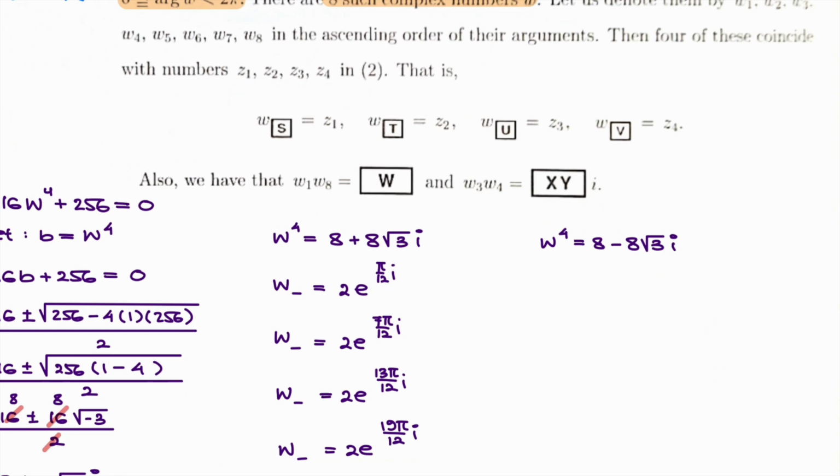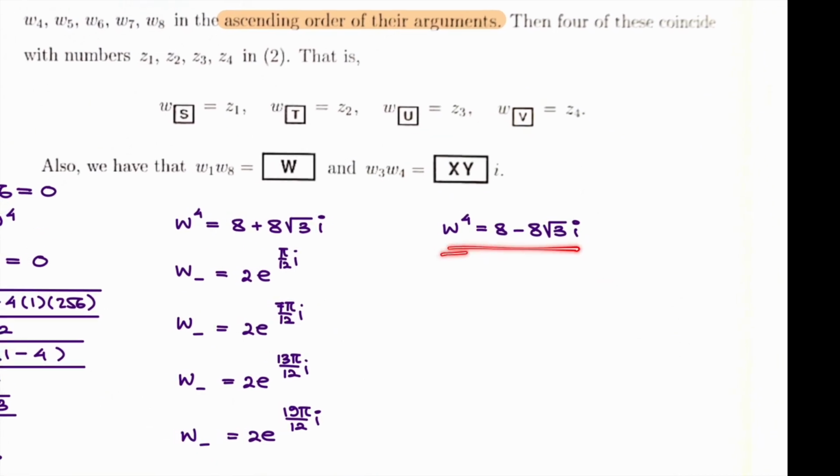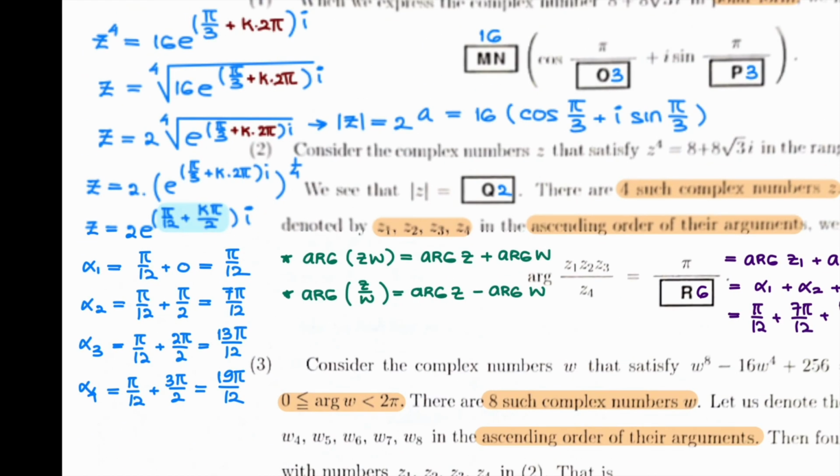But we need to solve this one first so that I can arrange W1 until W8 in the ascending order of their arguments. So I need to solve this one first. If you want to solve this one, you can use the same method as this one.